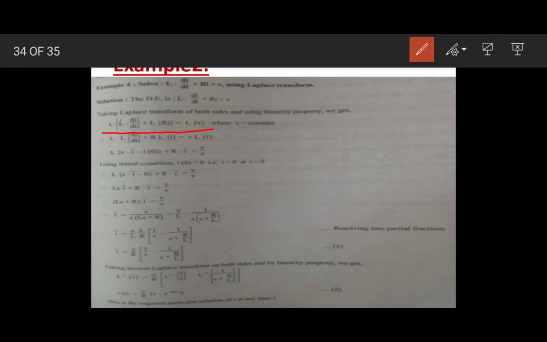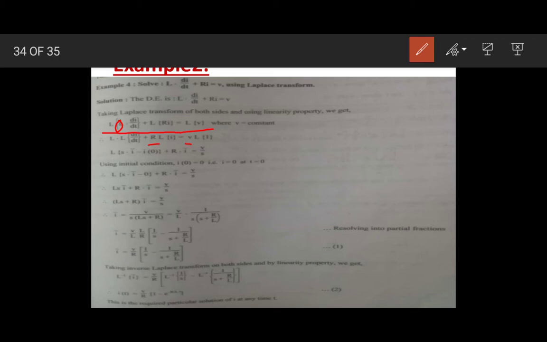So I am taking this L out of the Laplace transform. So it will be L into Laplace transform of di upon dt, plus R, I am taking as constant, so R into Laplace transform of i, equal to V, which is constant, so I am taking out Laplace transform of 1.